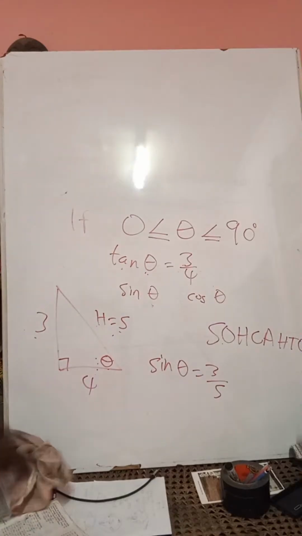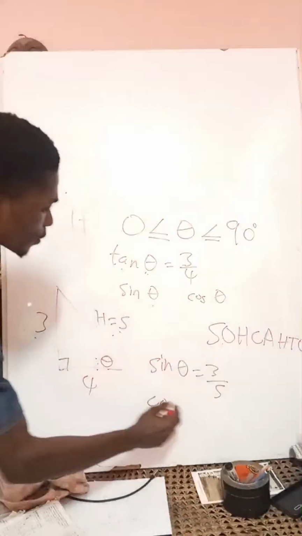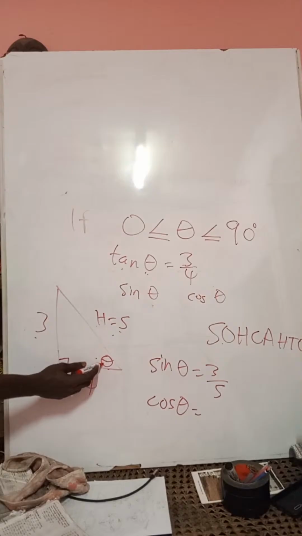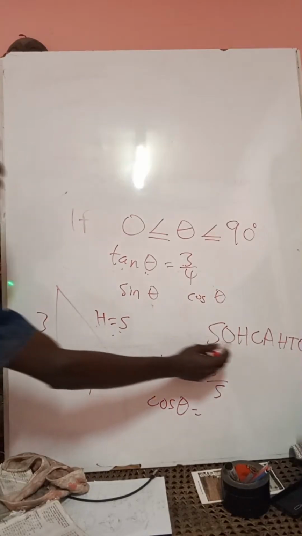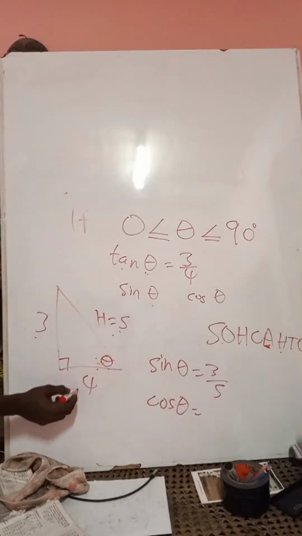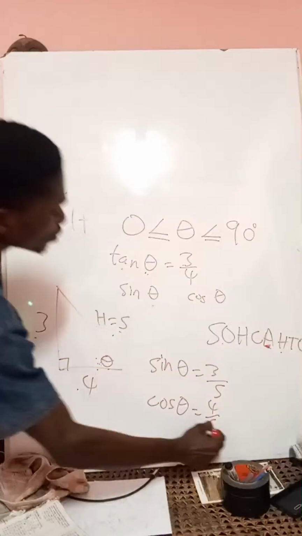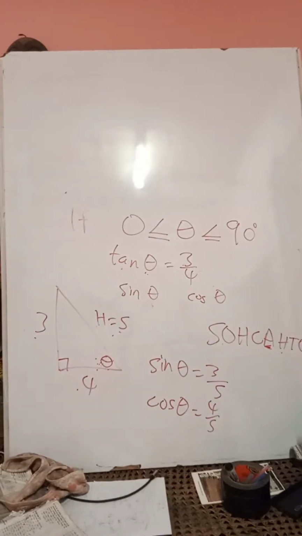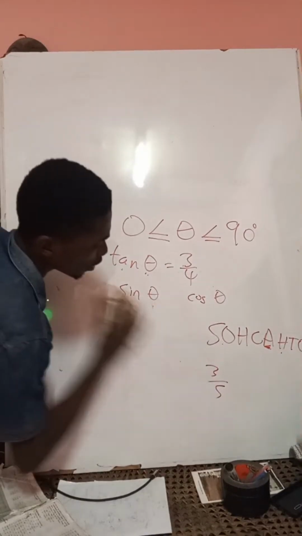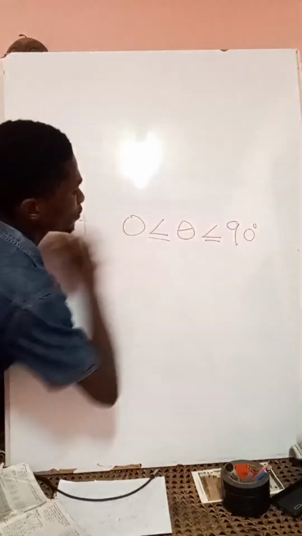From this angle, cos theta is adjacent out of hypotenuse, which is 4 out of 5. So this question is very simple. That's all. It usually comes in objective tests. Let's try another question.